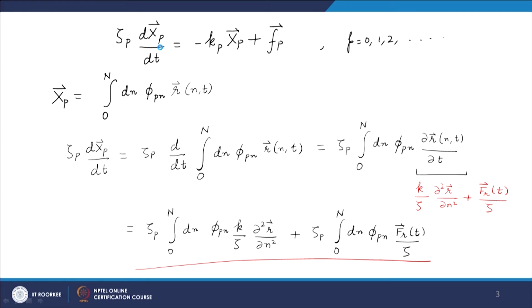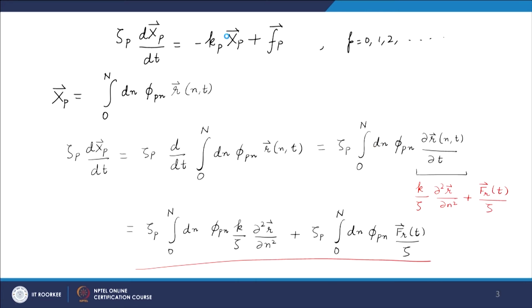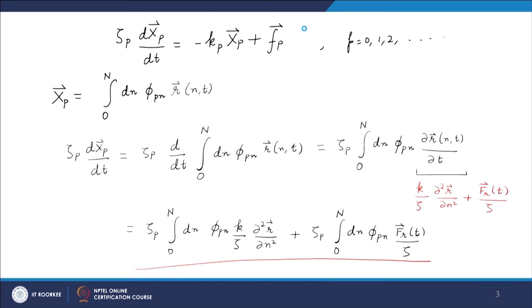For the first integration, we have showed what to do by parts. Second integration is as it is. So, the first integration becomes integral from 0 to n k phi Pn dou 2r by dou n square dn, and the second term here is as it is.